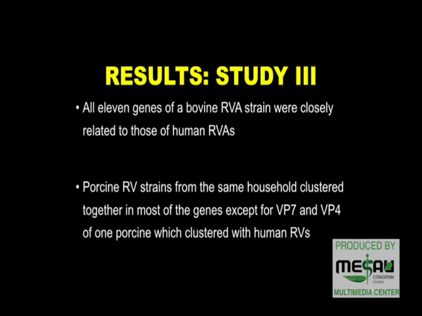We had 4 pig strains, each two were got from the same household. We found that their genes were similar. For one of them, about 5 of the genes were similar, but for one, all the 11 genes were similar. So we thought there was possible household transmission of rotavirus in the pigs.